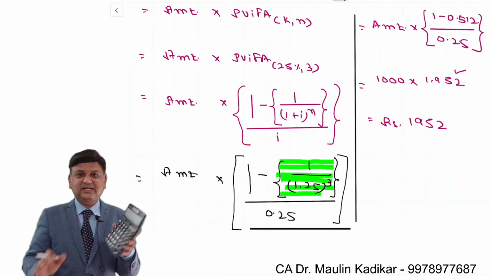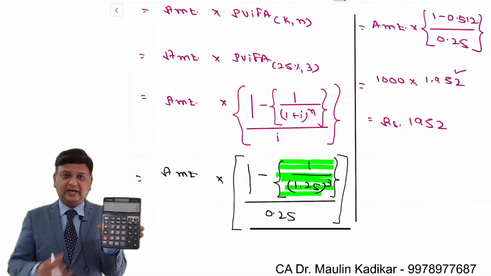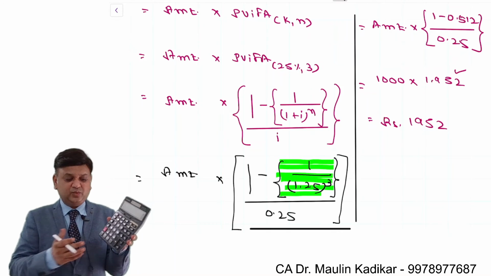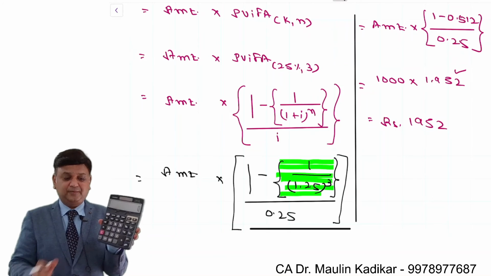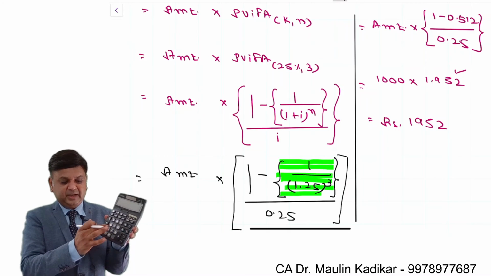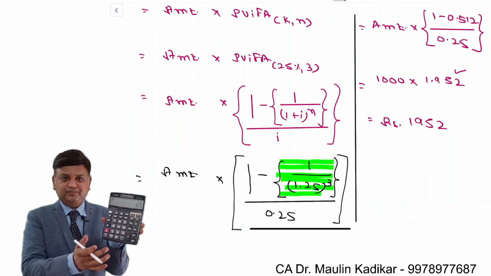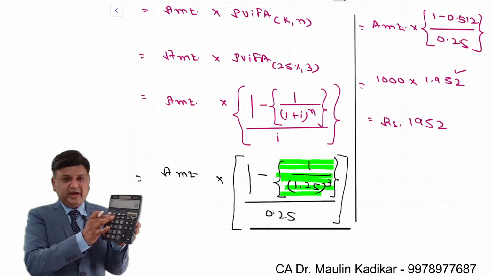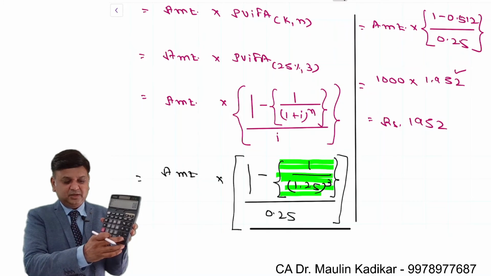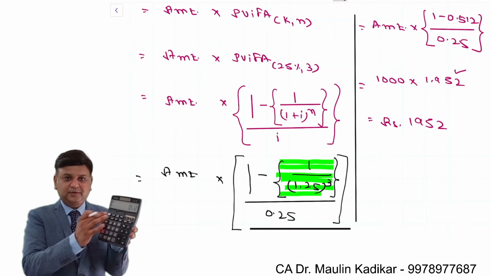And if by chance you don't have the GT button in your calculator, then what you can do, friends, is use the memory recall buttons. 1 divided by 1.25, you press equal to, you find the first year factor, you add that to memory plus. Second, third.